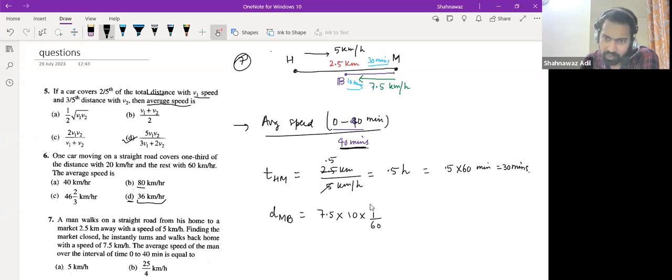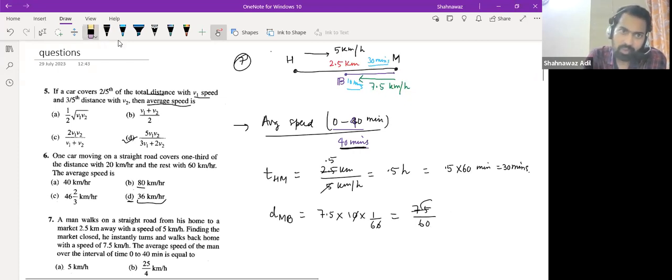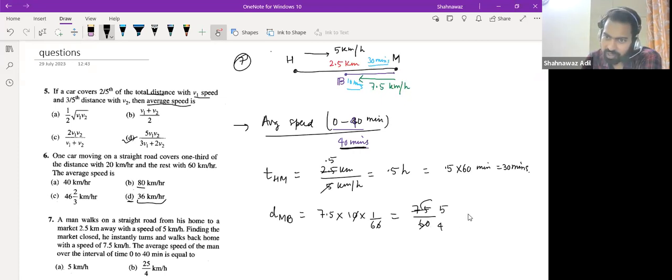So this 0 cancels and we have 75 by 6, which is 75 by 60, which is 5 by 4 kilometers. Okay, is this clear to you guys?